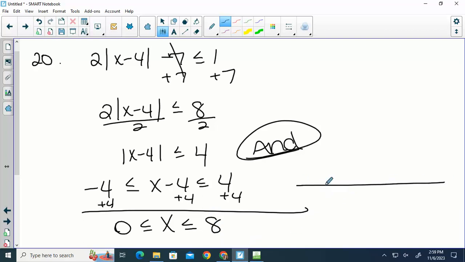Good. So then on our graph, closed circles at 0 and 8. Shading in the 2. Is this getting easier the more we do it? Yeah.